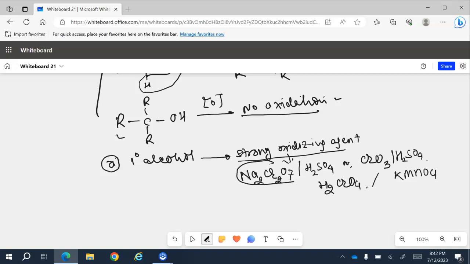These are some examples of strong oxidizing agents.